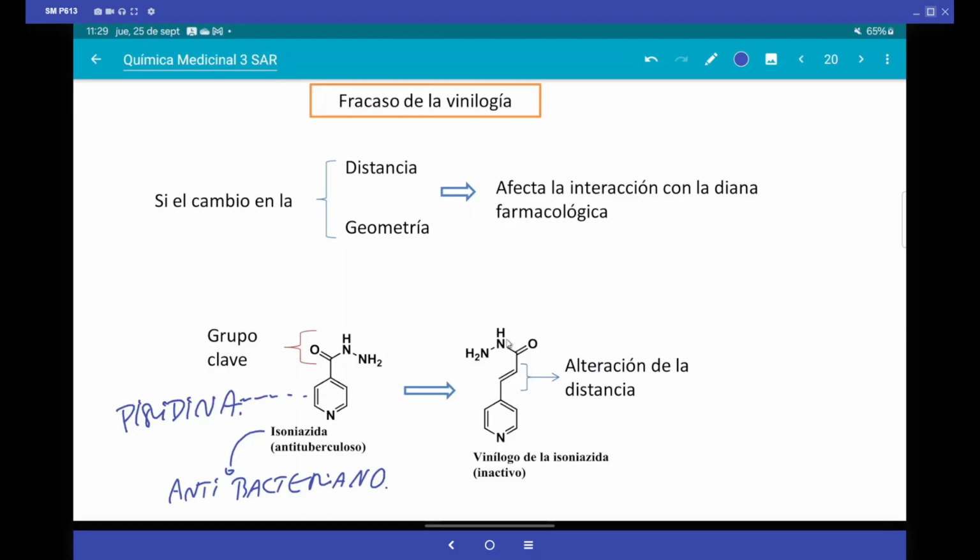The conjugation is between the entire system, between the carbonyl electron acceptor and, in fact, the nitrogen of the pyridine. That is the electron attractor. Exactly, that nitrogen is the attractor. Good, but the alteration of the distance between the polar group and the ring makes the antibacterial activity lost.